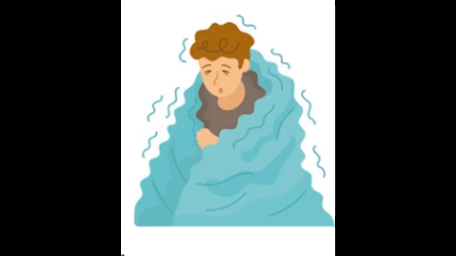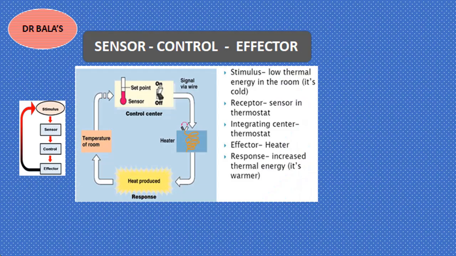The third component is the effector. The organs which produce an effect are effectors. They carry out the orders from the control center, producing vasoconstriction or vasodilatation, so these organs are called effector organs.